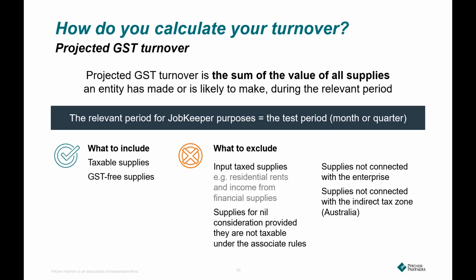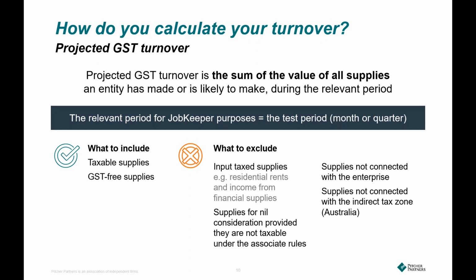And we've received a number of questions about, well, what about if you're not actually registered at all for GST purposes, which is a very interesting one in the sense that the JobKeeper scheme does not actually require you to be GST registered in order to access the scheme, despite the fact that the entire legislation in terms of the turnover calculations is geared towards the GST Act, and I guess works on an assumption that the relevant entity will be within the GST system.